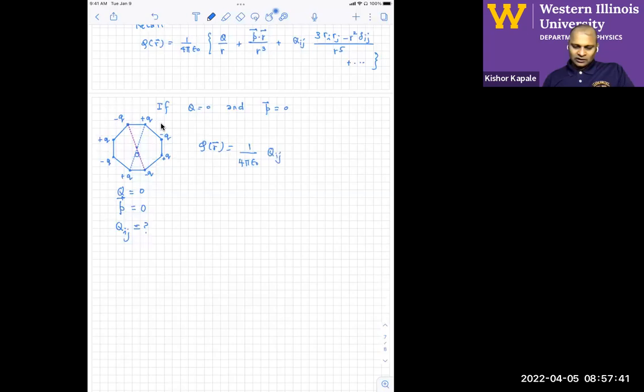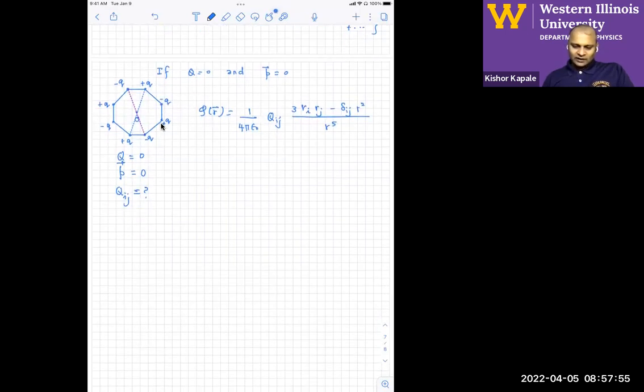But this is how the quadrupole term is going to look. So it's (3 Ri Rj minus delta ij R squared) over R to the 5. And you have the Qij indices there and Ri Rj indices there. So the indices are getting repeated, and so you use the Einstein summation convention.